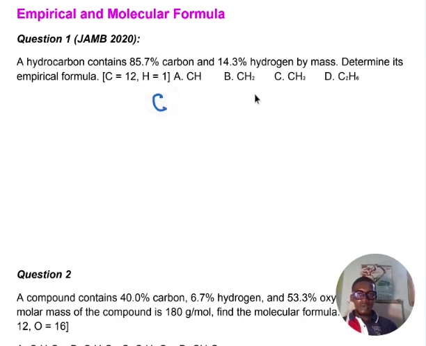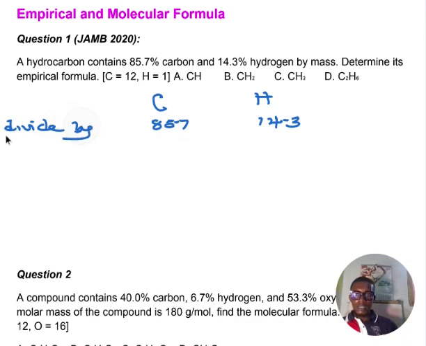So to solve that, we're going to write out the symbols of the elements first. Like I said, it just has 2 simple steps. The first step is to write out the percentage composition. Then you divide each of the percentages you are given by their atomic mass.